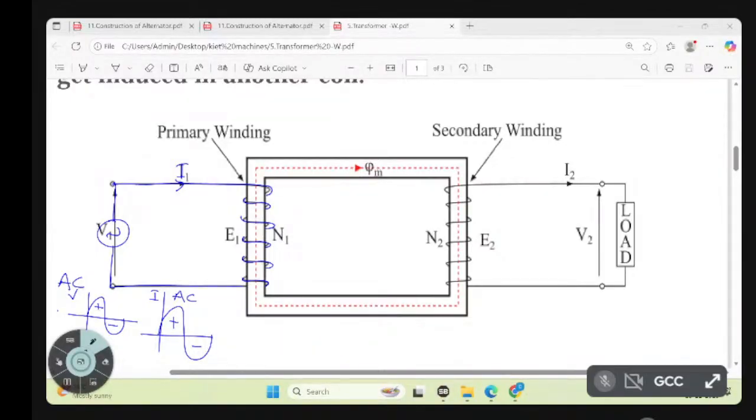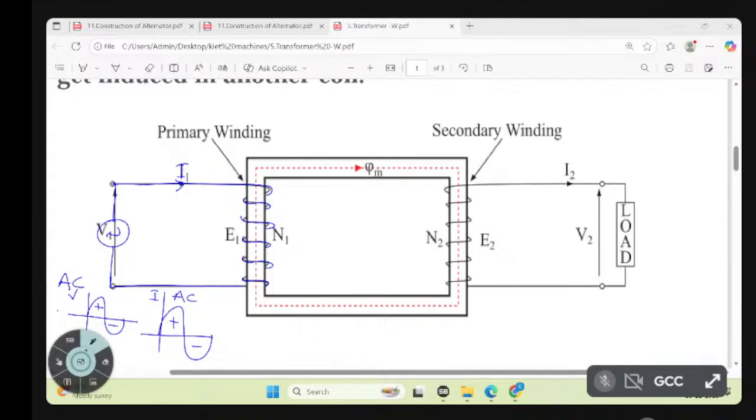Around the iron piece, flux will be set up. Flux will be established in this iron piece. Whenever a winding is wound around the iron piece and I apply AC voltage, not DC, then because the circuit is closed, a current I will flow.